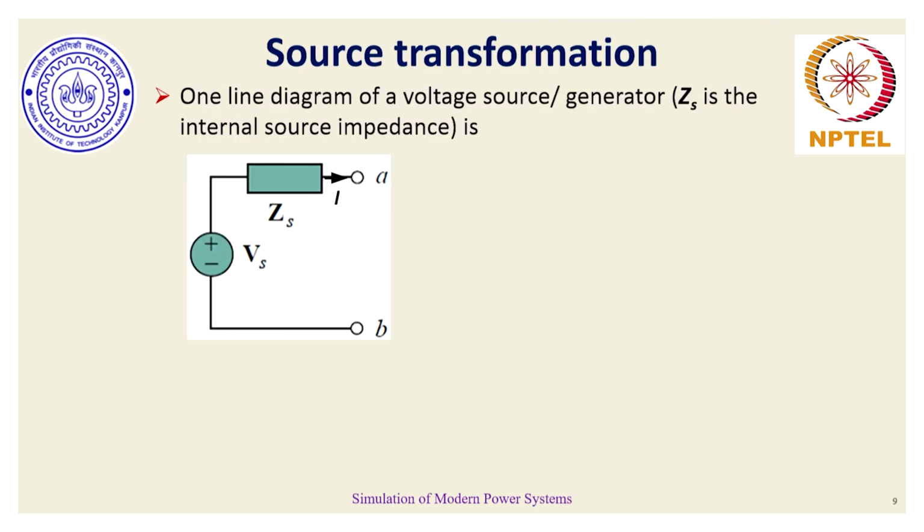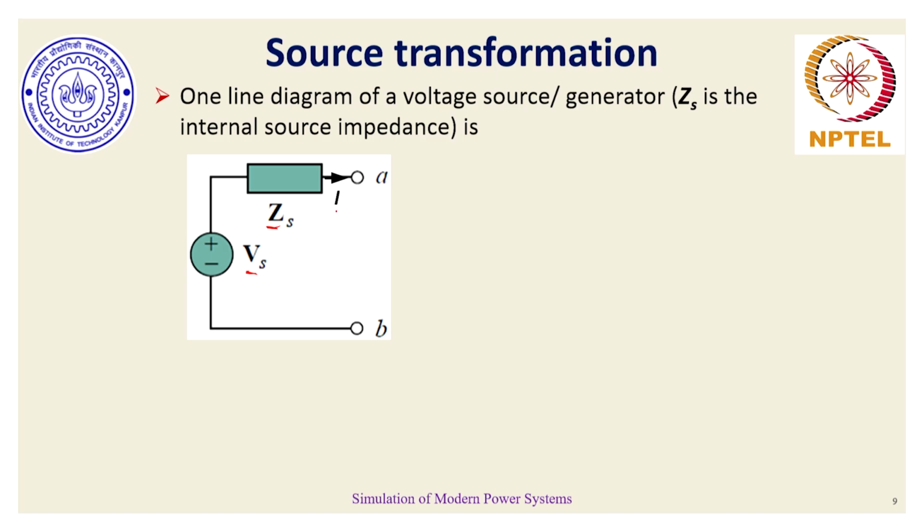So, before we delve deep into the admittance matrix evaluation, assume that we have a generator or a voltage source whose voltage rating or specification is given, and the internal source impedance is also given, meaning that it is a non-ideal independent voltage source.